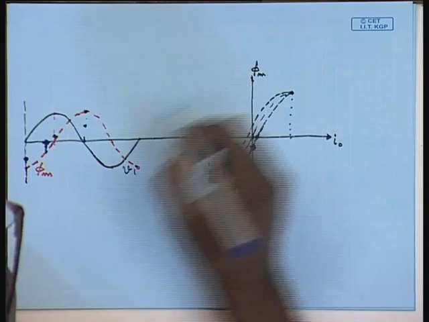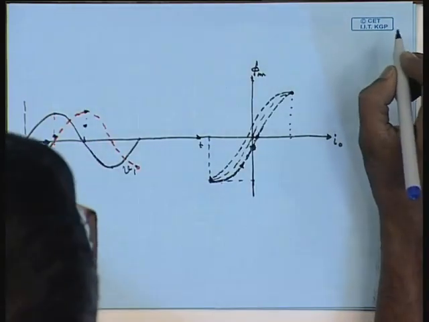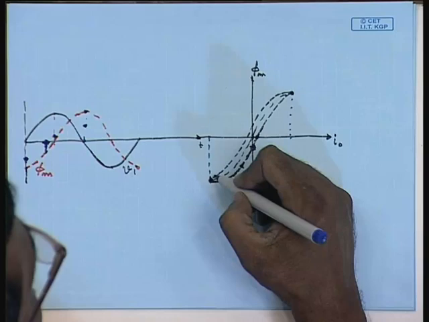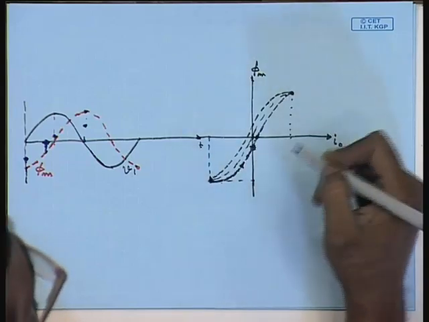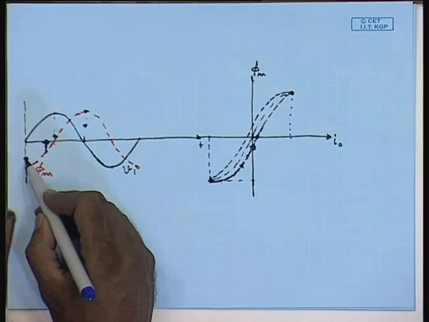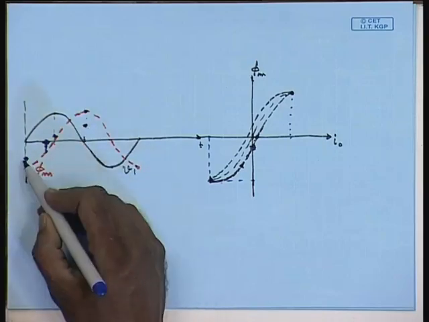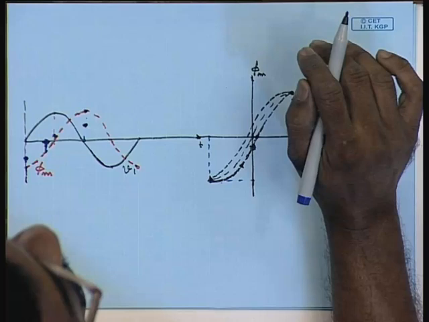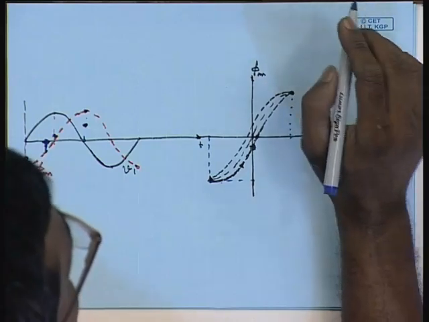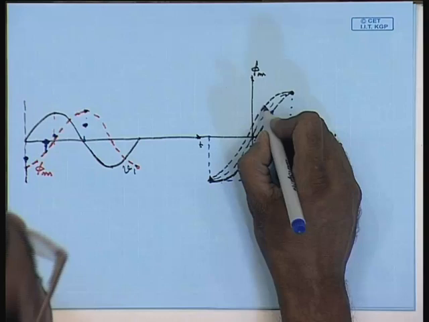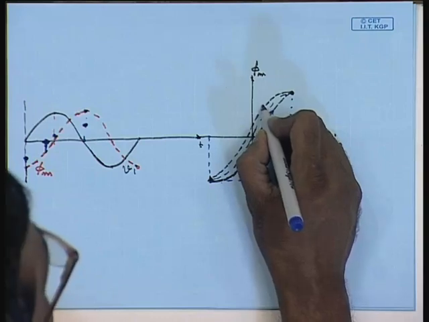So, this is the corresponding point of the current, and since the BH curve is symmetric around the x axis, the positive peak of the current waveform and the negative peak of the current waveform will be equal. While returning, though, the flux takes a different path because of hysteresis.